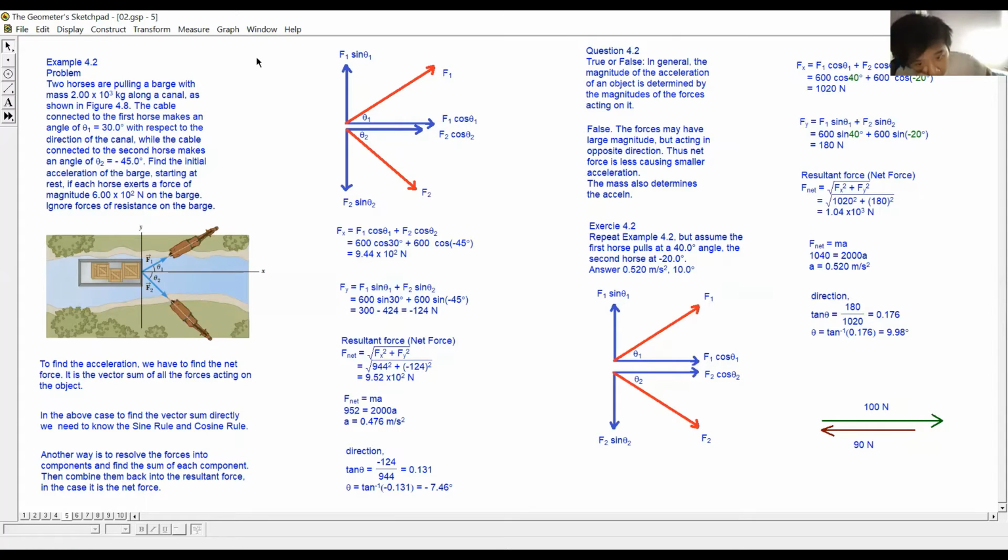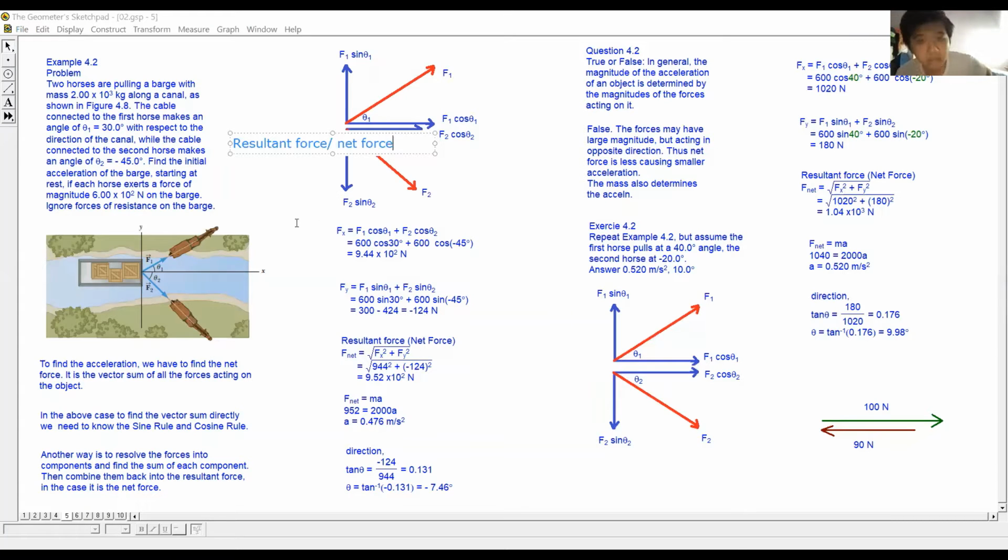Resultant force or net force, how to type? Type here. So resultant, okay, it's called a resultant force, or sometimes it's called the net force.